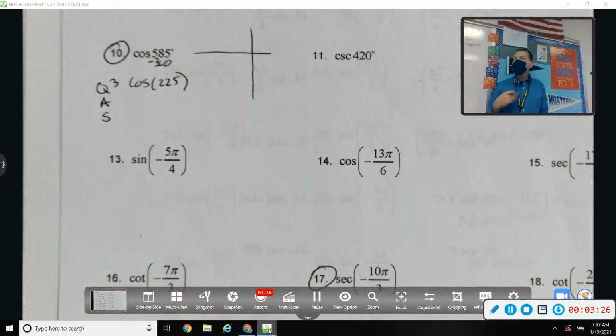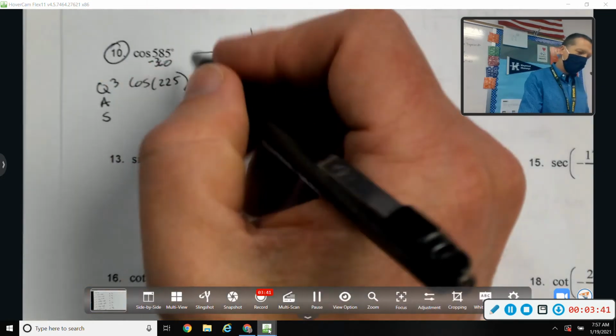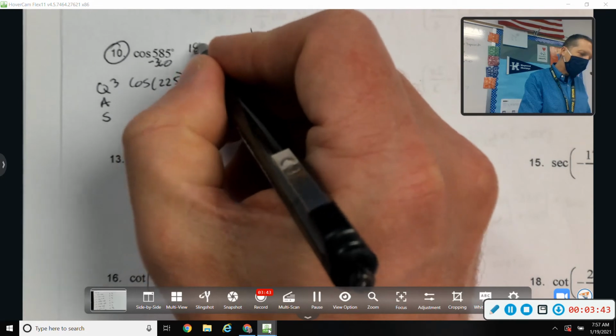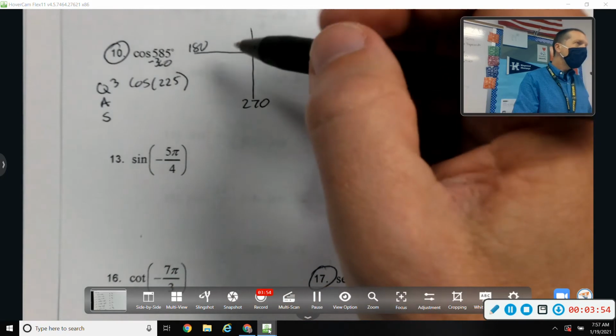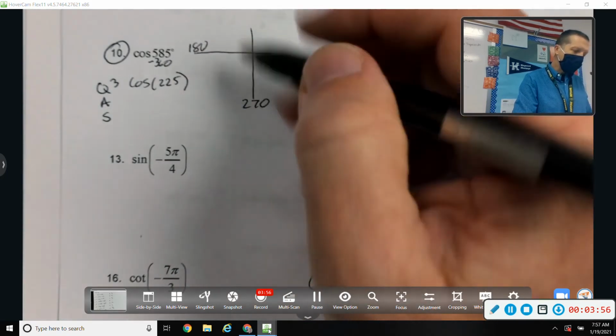This one's maybe not as easy as the radians one, but which angle is 225? Is it shallow, middle, or steep? No, don't look. There's nothing you can look at. Let's see. This is 180. This is 270. So 225 is right in between those.